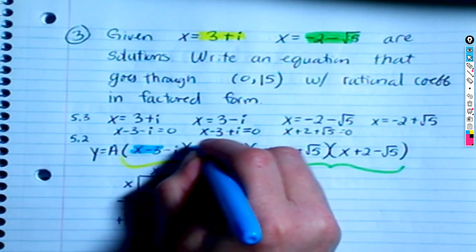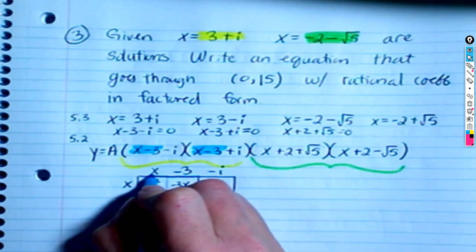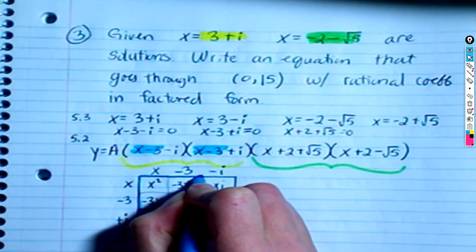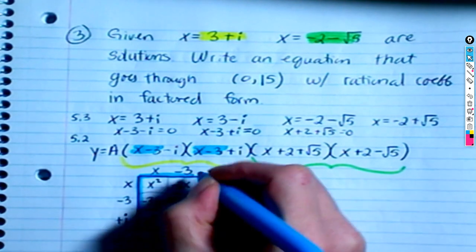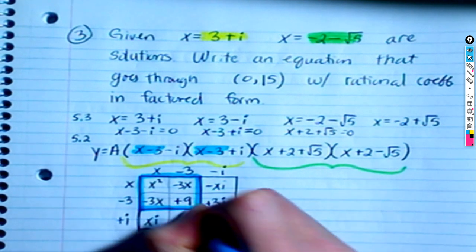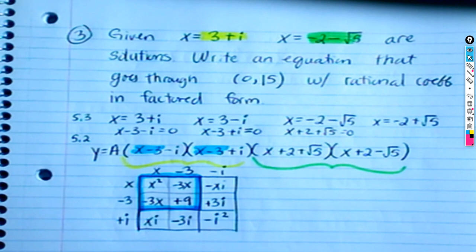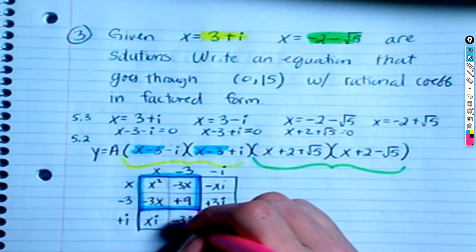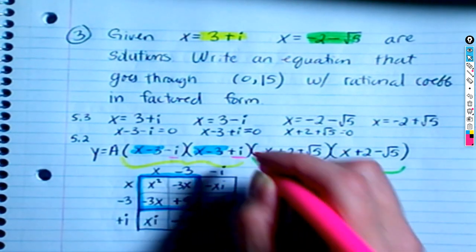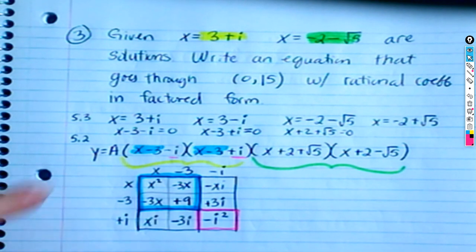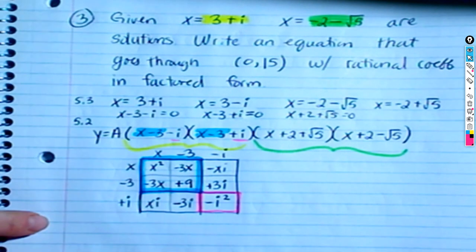I'm going to group it up. Let's get that a little more blue. There it is. All right. So this is the box method.